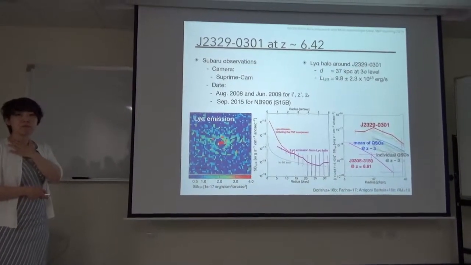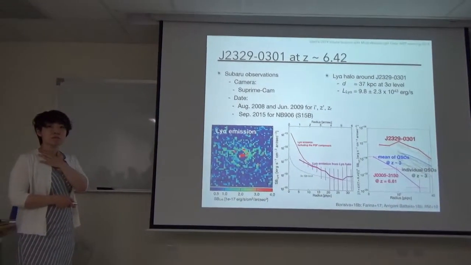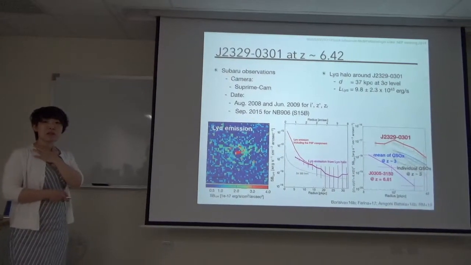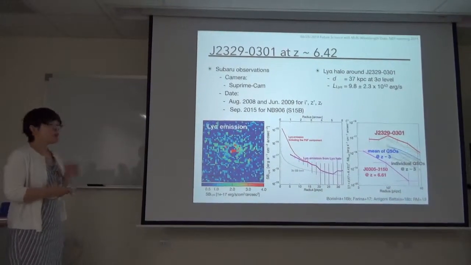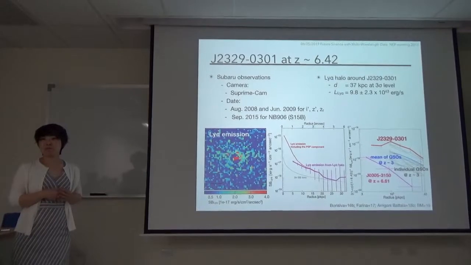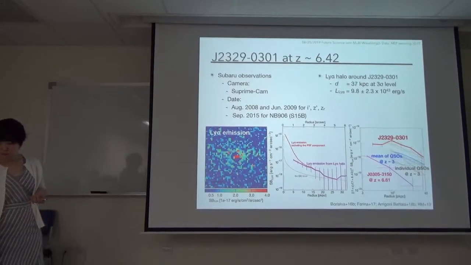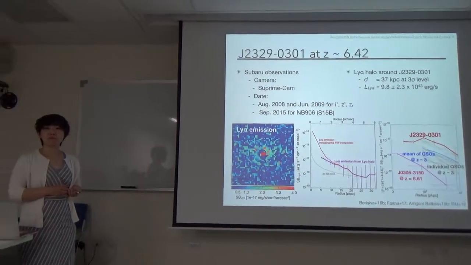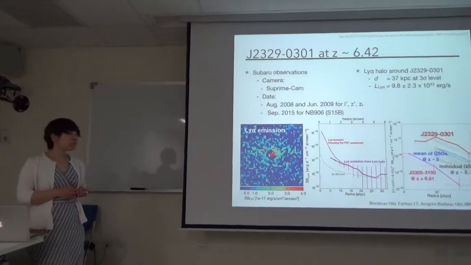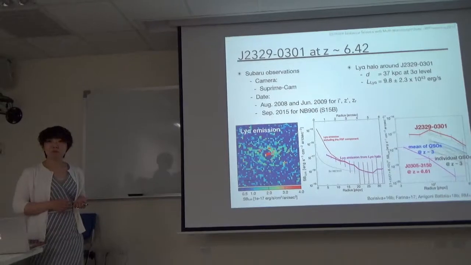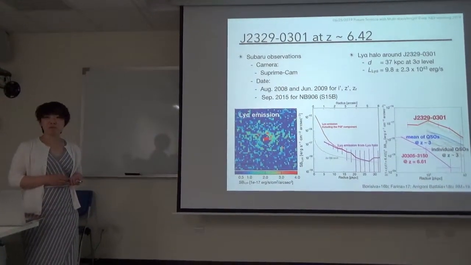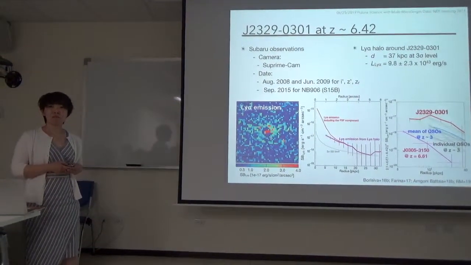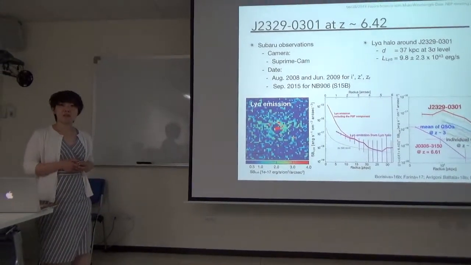I recall on your other slide that the Lyman break galaxies also have halos that are maybe several times lower in surface brightness, but they are nothing compared to the quasar. In ionizing photons, the quasar probably has hundreds of times more, and yet it doesn't seem to make that much brighter a halo. How could they have a Lyman alpha halo at all?